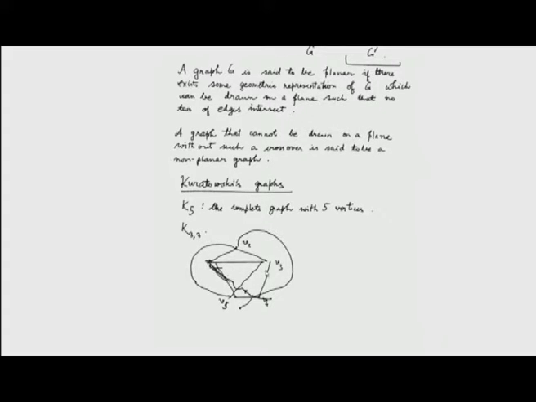So, we see that we are unable to draw a complete graph with 5 vertices without intersecting the edges.